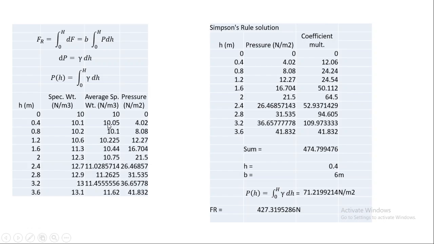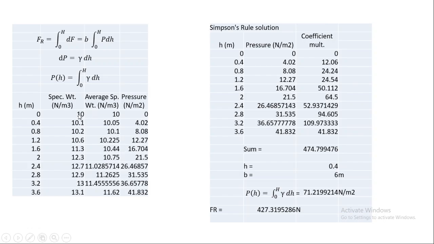At height 0.4, I took the average of these 2 points, and for the third part, this is the average of all these three values. This is the average of all four values, and this is the average of all five values. In such a manner, I have solved the averages of all these values.